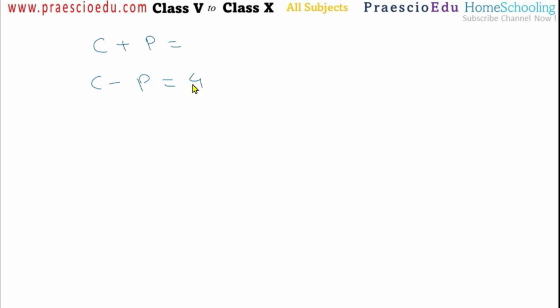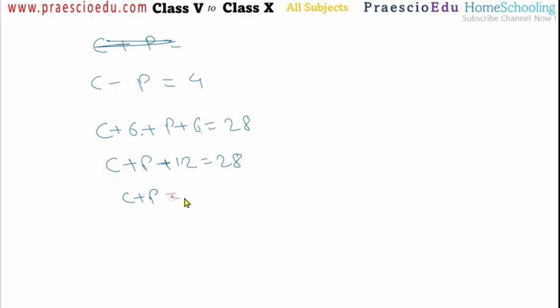After 6 years, their total age will be 28 years. So C plus 6 plus P plus 6 is equal to 28. So C plus P plus 12 is equal to 28. The 12 is in addition, so we shift it to the other side and it becomes subtraction. So 28 minus 12 is equal to 16.